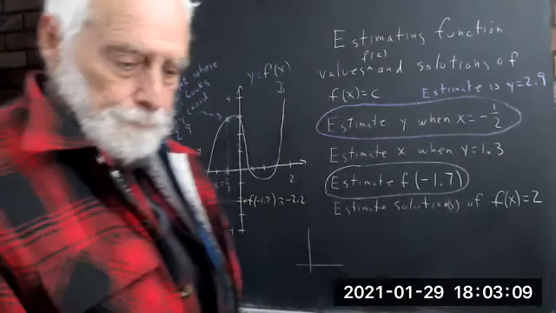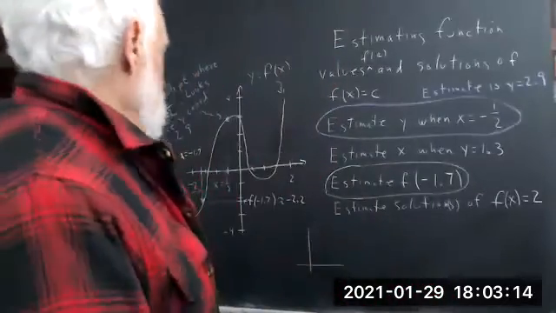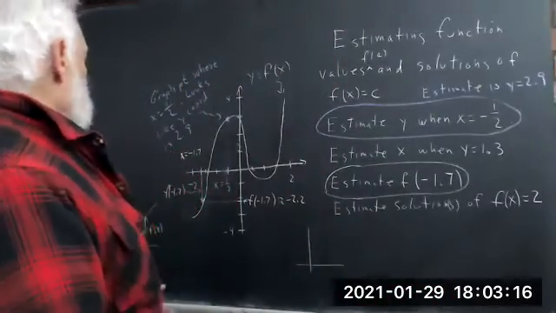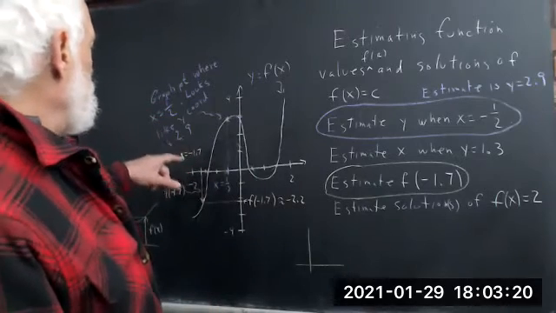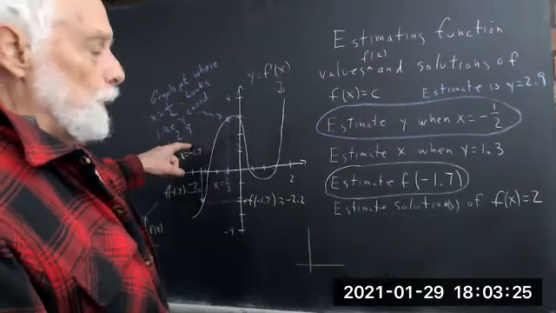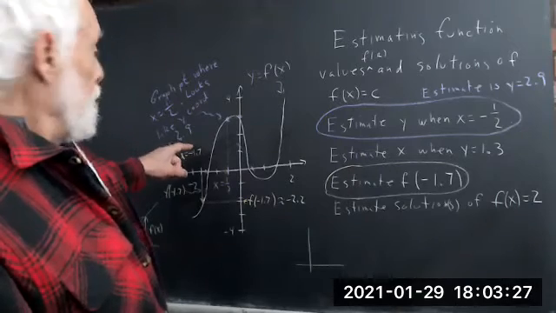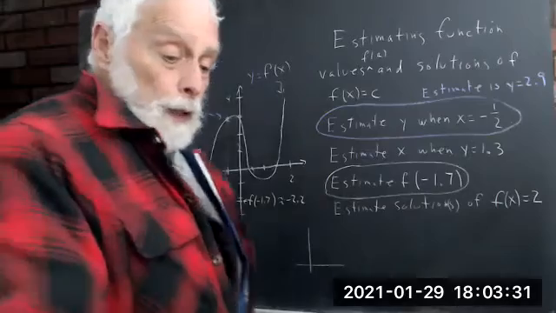Well, that's good, but let's see what we can do with these other questions. And of course, we could make a statement up here. When we said that when x is 1/2, the value of the function is 2.9, or y is 2.9, that's saying that f of 1/2 equals 2.9.